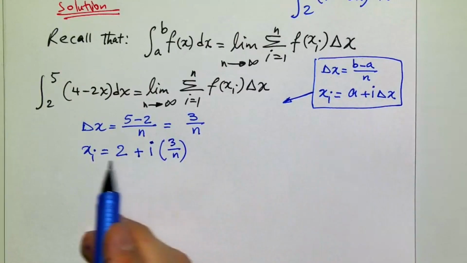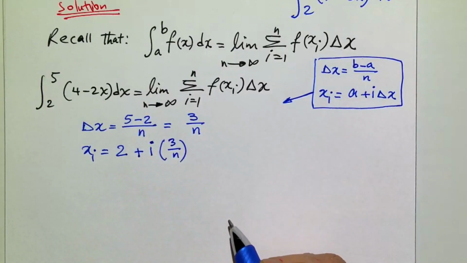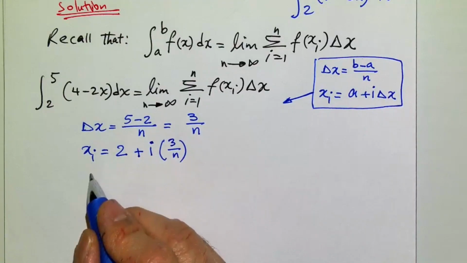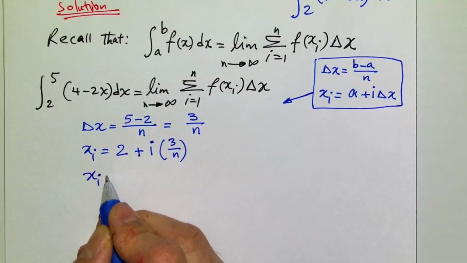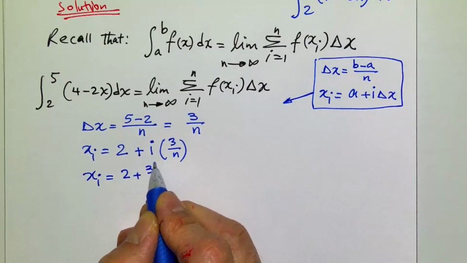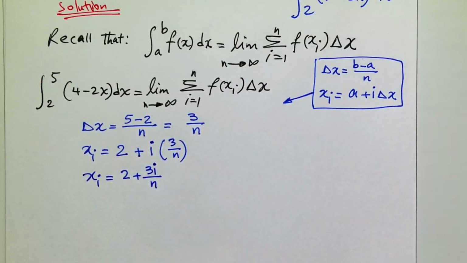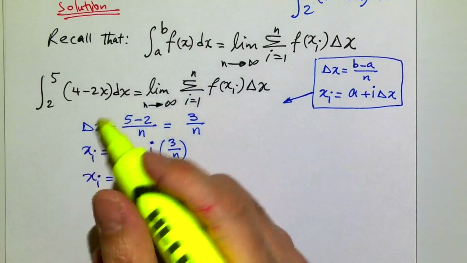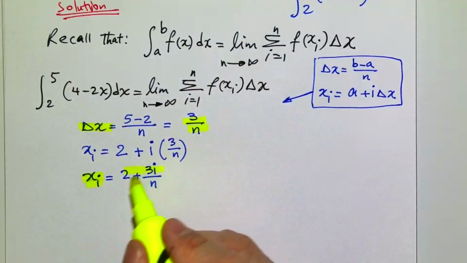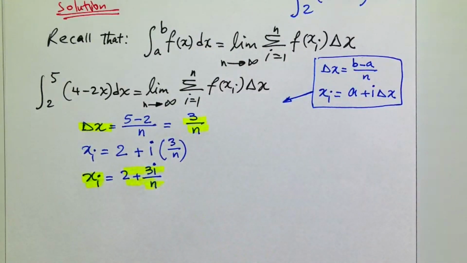I'm just using that to find xi. So what do we have then? xi, or x sub i, is 2 plus 3i over n. So we have delta x here, we have xi here. Okay? We have everything we need.